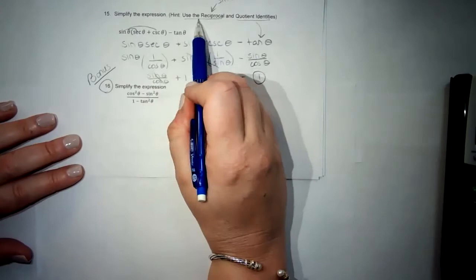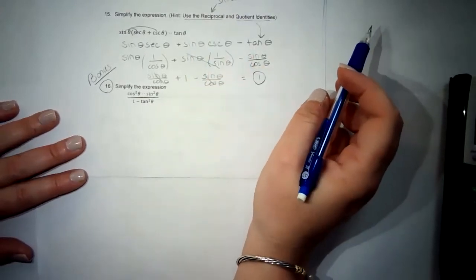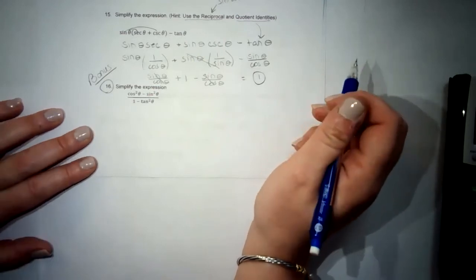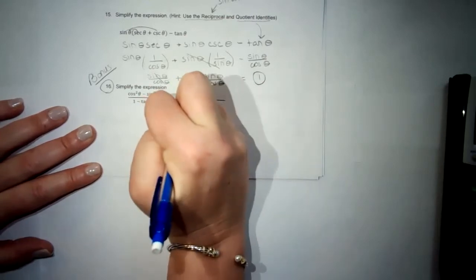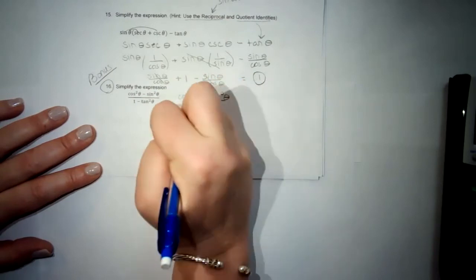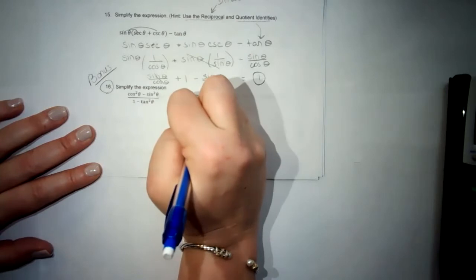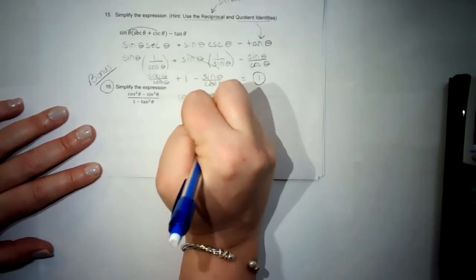So we're going to rely on what we've been doing all along, and that's turn everything into sine and cosine. When in doubt, turn it all into sine and cosine. My numerator is fine. My denominator, what am I going to do with tan squared theta? Sine squared theta over cosine squared theta.